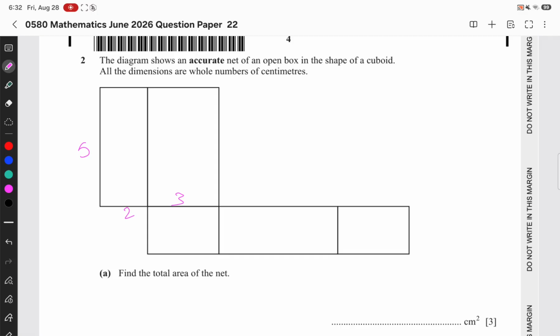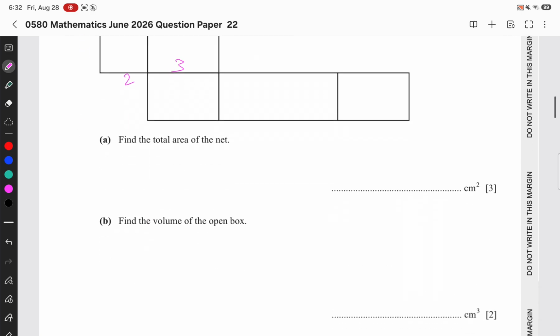So if a topical book that you buy, for example from MS Books, has a diagram scaled down and the marking scheme does not reflect that, that means the printing has some errors.